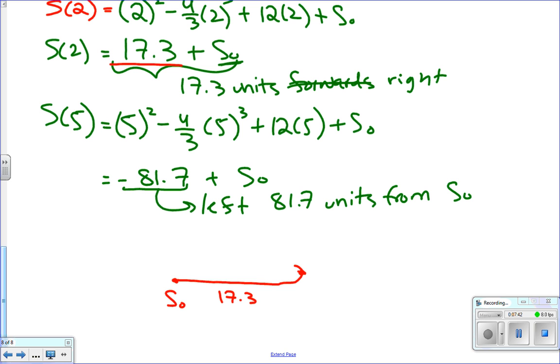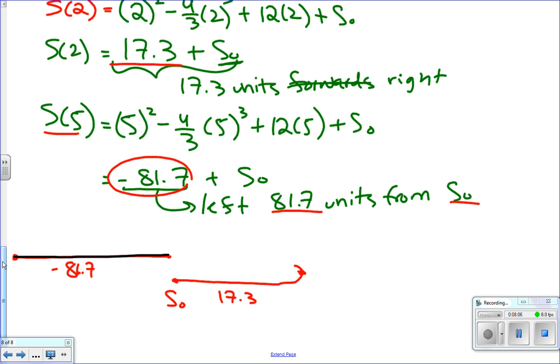Then after 5 seconds, which is my endpoint, I'm going to be negative 81.7 units to the left of the origin. Sorry. So to the left means I'm going to be over here somewhere. And of course, it's going to be a bigger line, but I don't have that room here. So negative 81.7 is that distance right there.